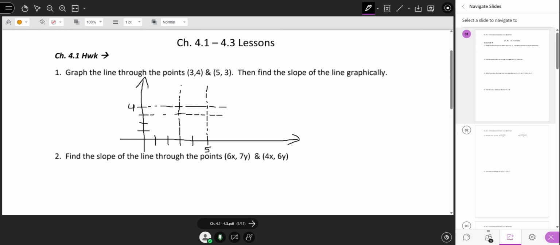Okay, here we go. I already drew part of this out so that it would shortcut some of our time. I like number one.